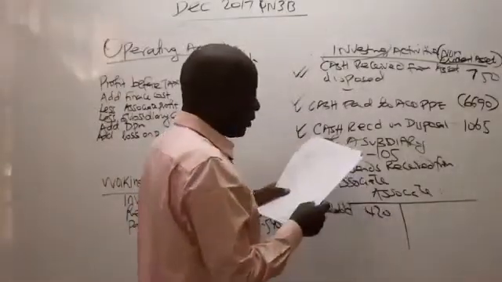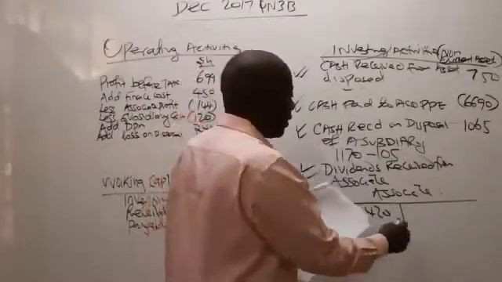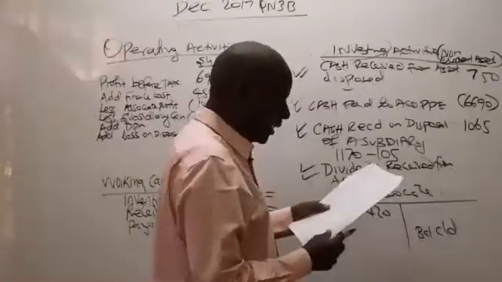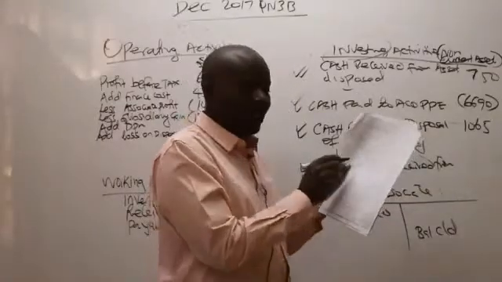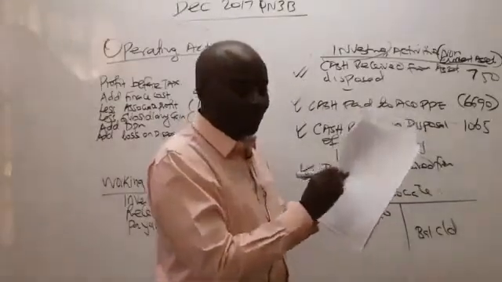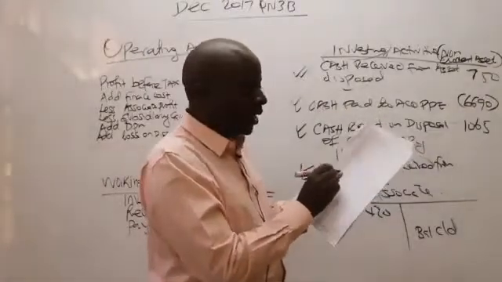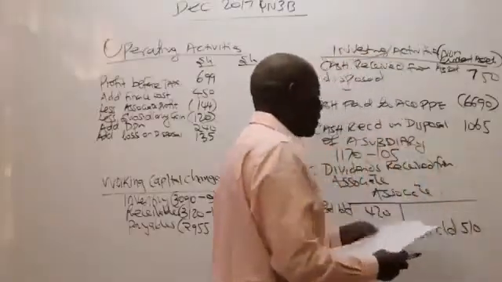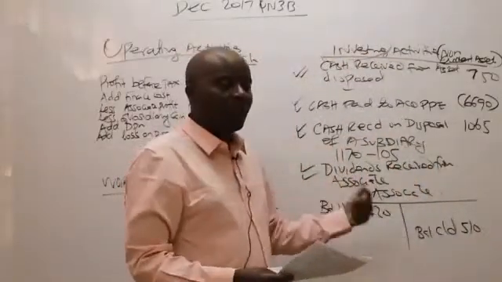And then, ladies and gentlemen, we have the balance carried down in 2017 for the investment in associate, which is 510. And then, of course, this is equity accounting.